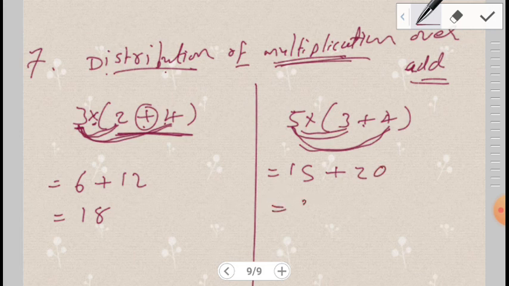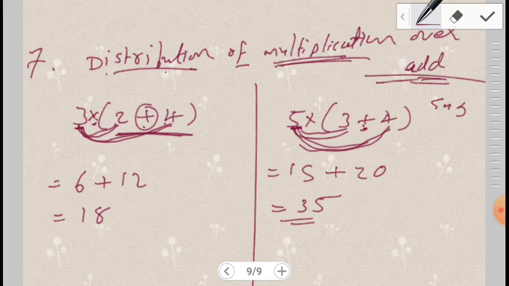So 35 is our final answer. This process of multiplying the 5 with the bracket is called distribution of multiplication. If there is a plus sign, we call it additive, or if it is subtraction, we call it subtractive, but here we have only addition. That means we can say distribution of multiplication over addition.